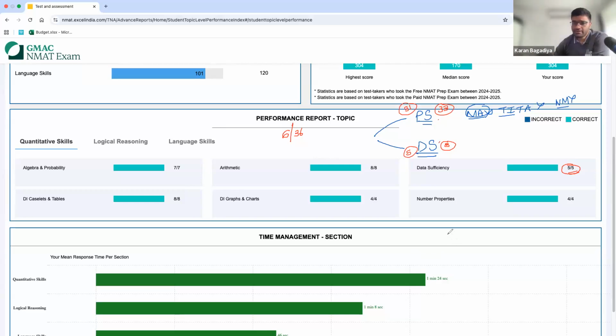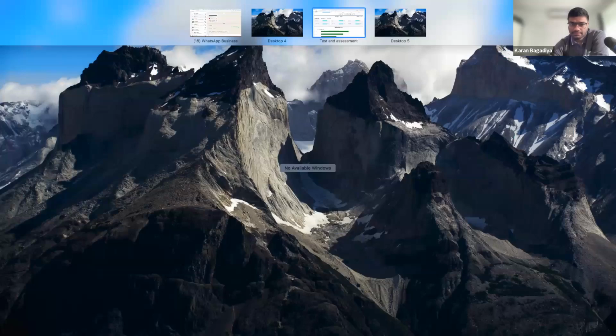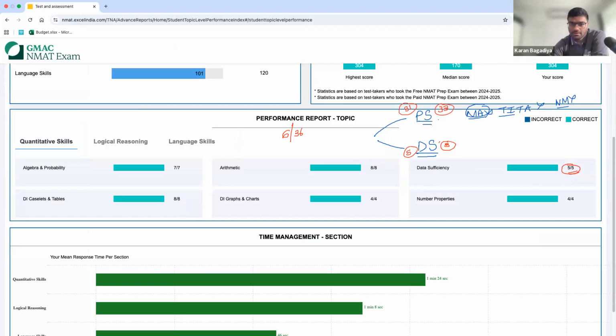Now, the other thing I wanted to cover, and pardon, I think my electricity has gone off, so I'm going to try and share my screen again. Give me just a minute. I'm going to try and bring it here. Can you see my screen?